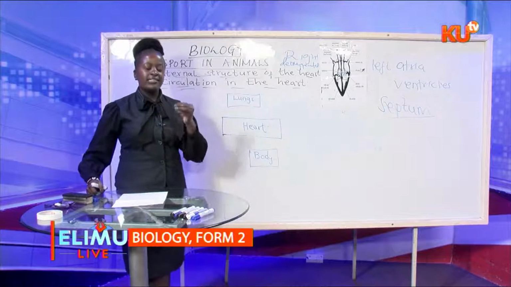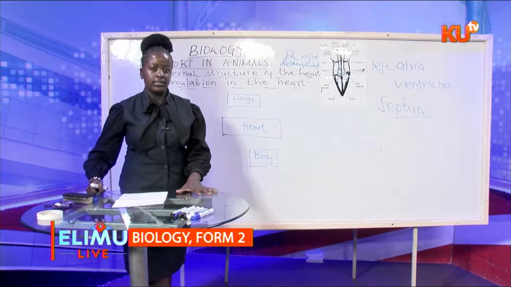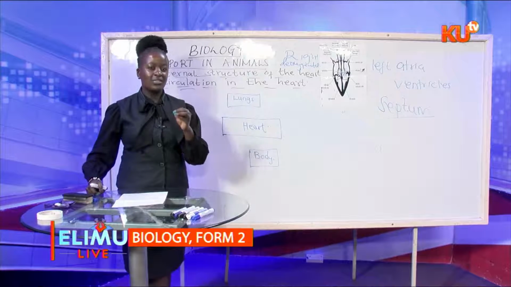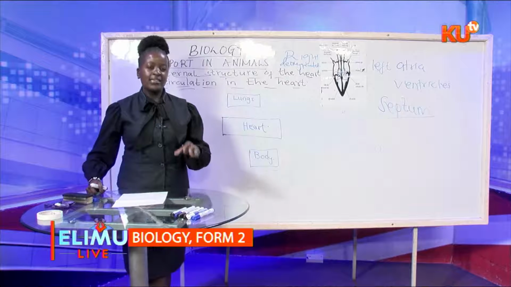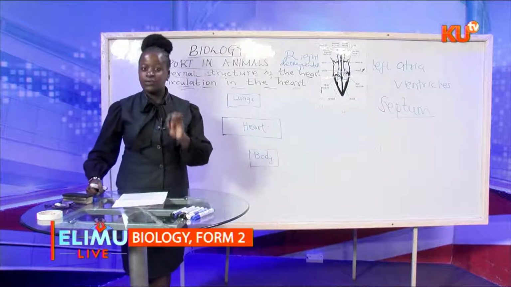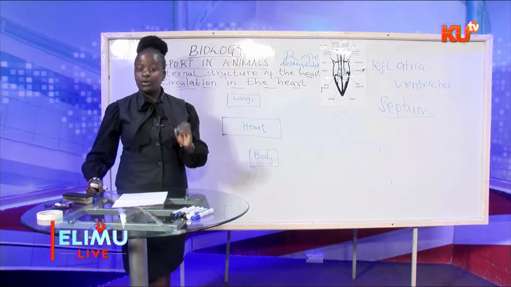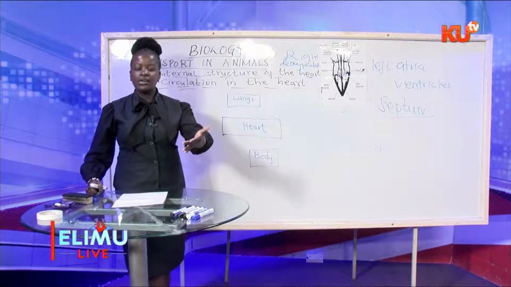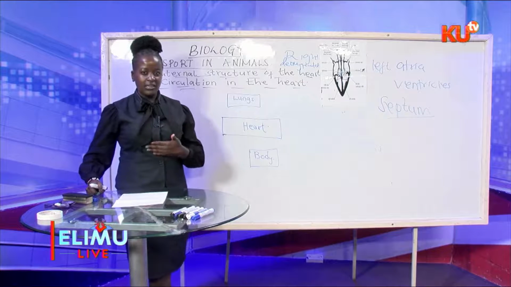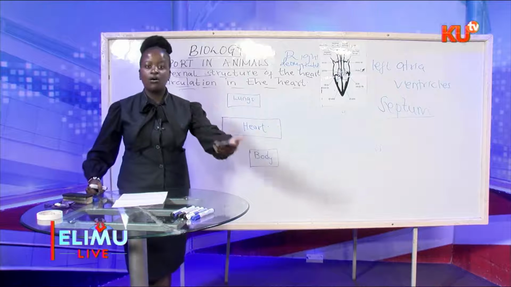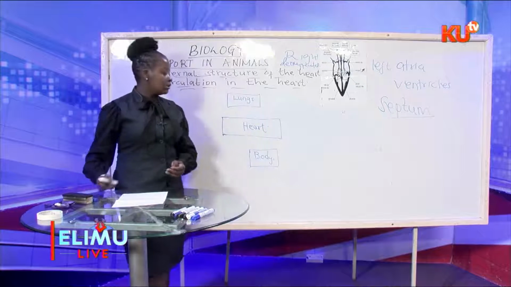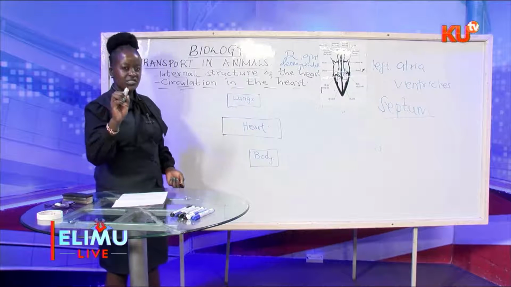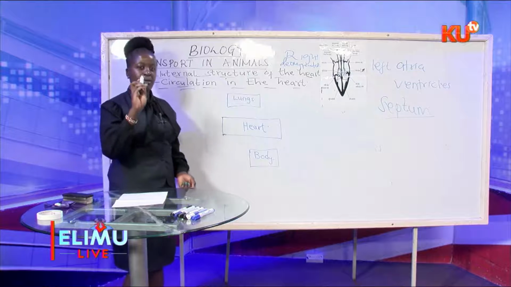So blood that is rich in carbon dioxide is referred to as deoxygenated blood. And this blood will originate from the body because the tissues have already taken the oxygen and have given off carbon dioxide. So we'll have deoxygenated blood being represented by black.